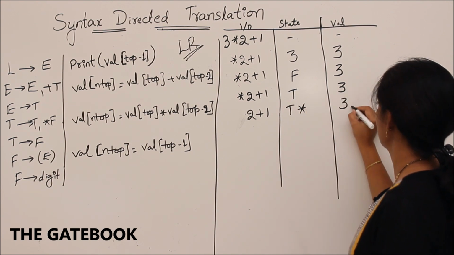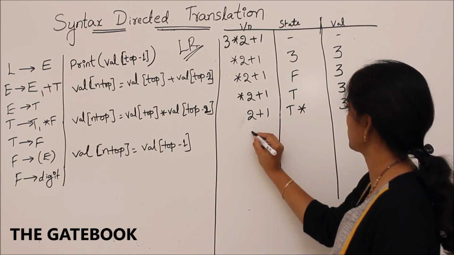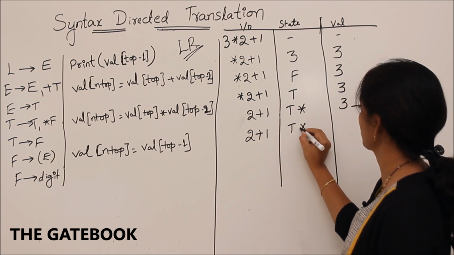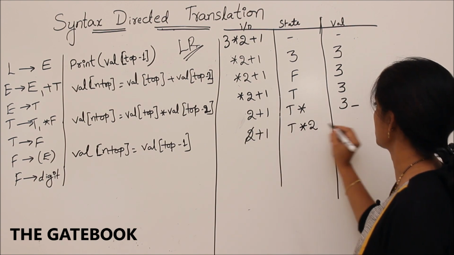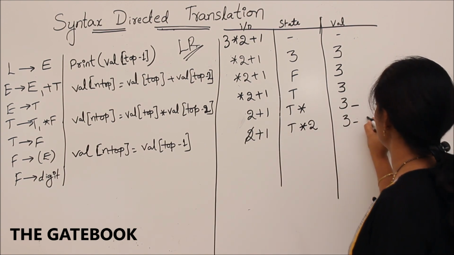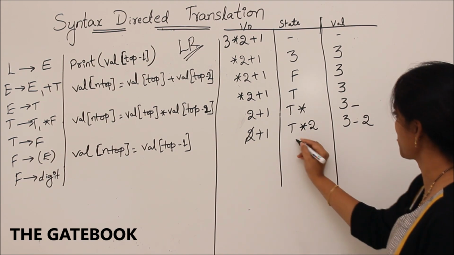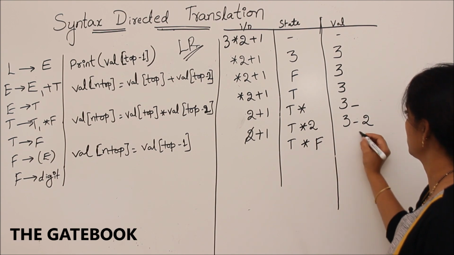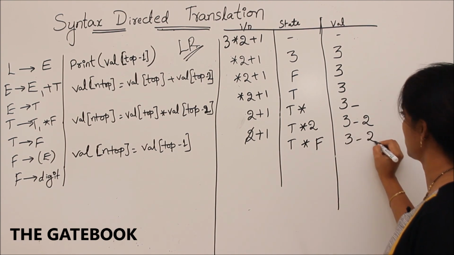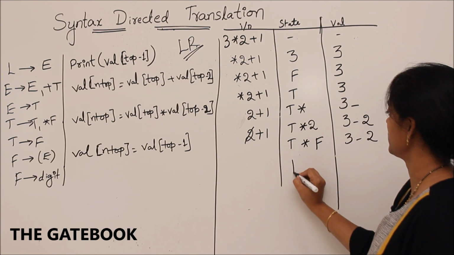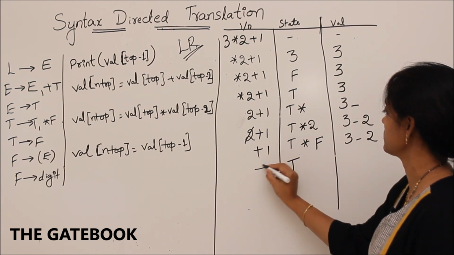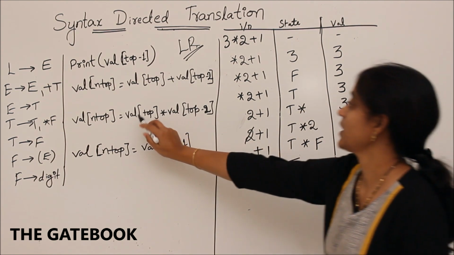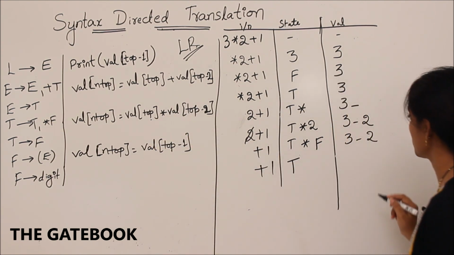Then we don't move anything to that value stack, and then we move this 2 to the stack again, and then we replace 2 with F, so the value will be same, and now T star F with T.